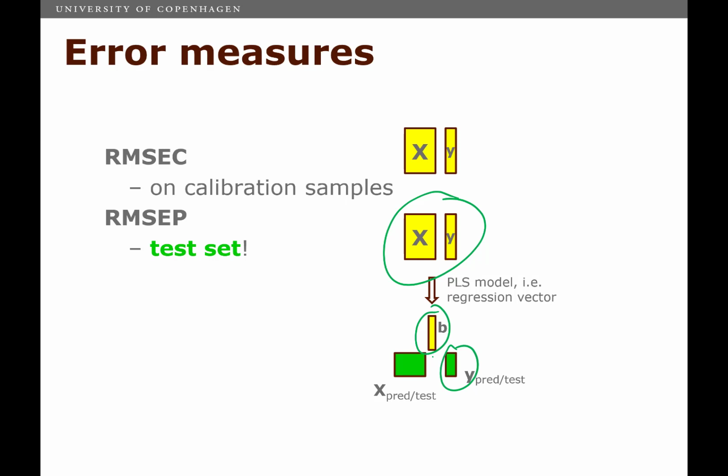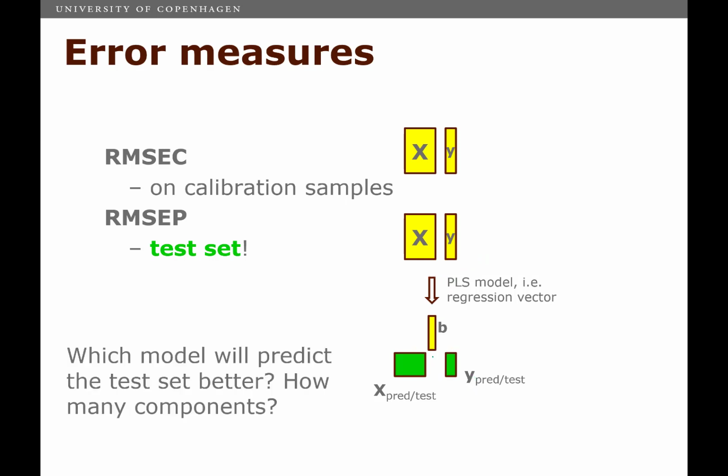So when I apply my model on the test set, the results I get do not depend on my prediction Y. So I cannot overfit anymore. If I have used too many components in my PLS model, well then it's going to lead to worse predictions of my Y data. So that's a nice approach for testing how well does your model actually predict.